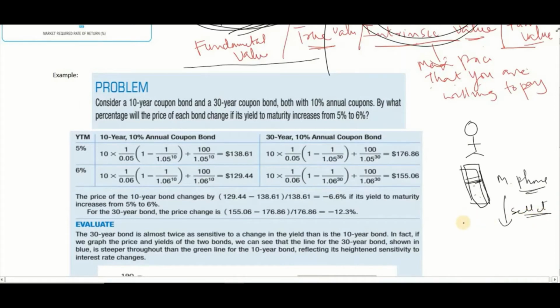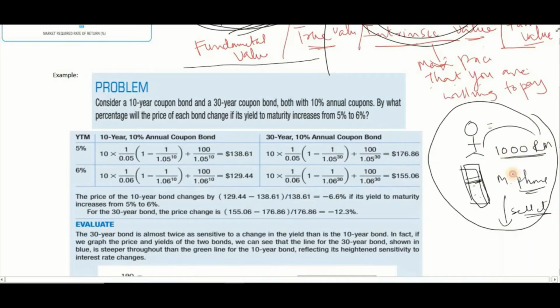When you want to sell it, of course you will have something in your mind that, okay, the minimum price that is acceptable for me is 1000 RM. I will not sell below this price. So remember, this is your own calculation. This is called the intrinsic value, this is called the fundamental value.